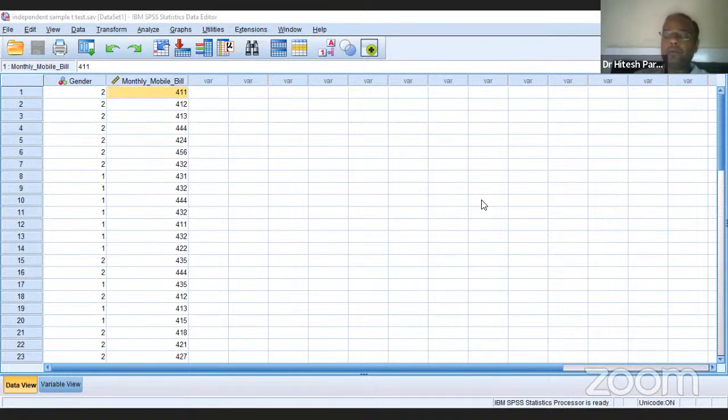I require two variables. The first variable should be a dichotomous variable, exactly two groups. Sonia ji, age generally is not a dichotomous variable. I require two variables. See, when you frame the hypothesis, one part you will pick from demographics, and the second part you will pick from your main domain of study.